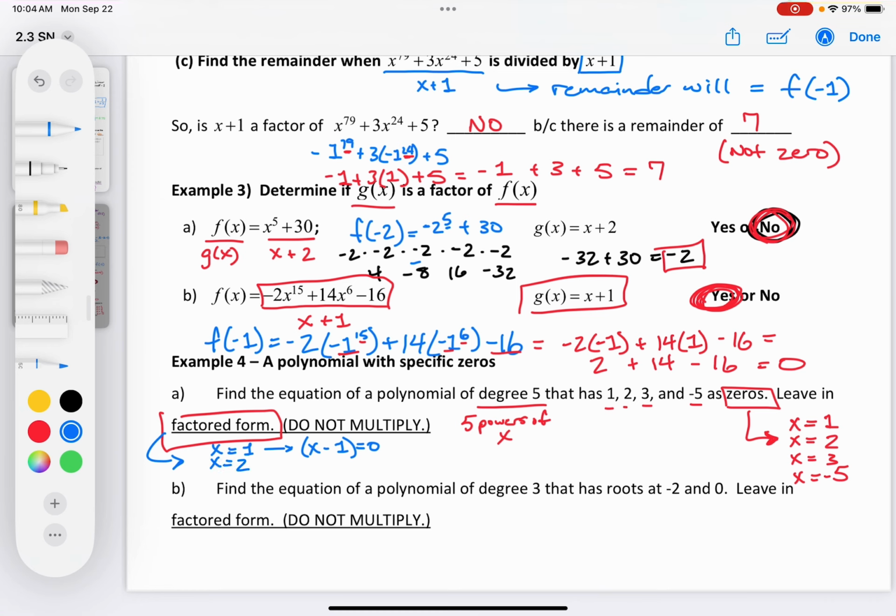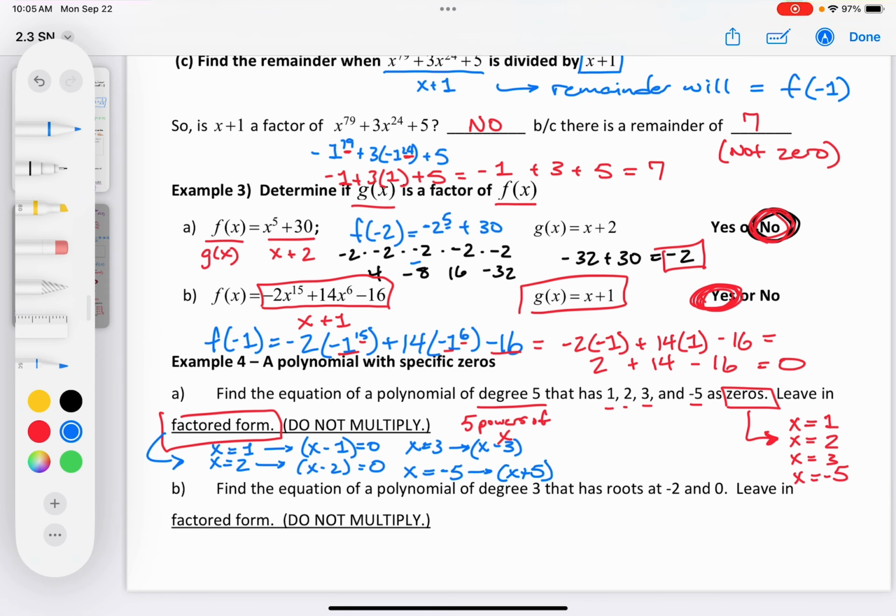X equals 2 would become x minus 2 equals 0. That's my factored form. And so you can see what I'm doing here is I'm just changing the signs. So x equals 3 is going to become x minus 3, and x equals -5 will become x plus 5.